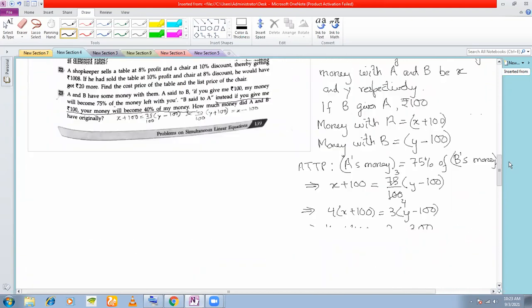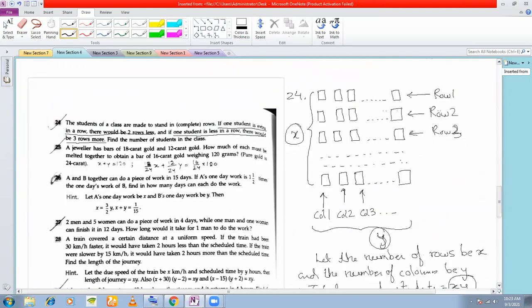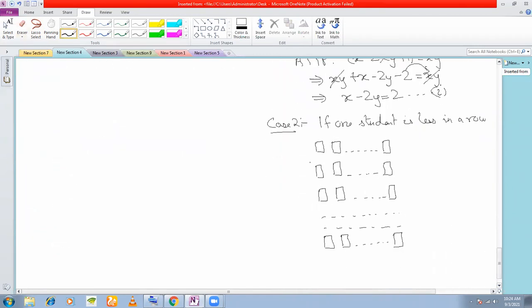That means initially, this was my arrangement, right? Now I remove one row from here, I remove this one to get this. So I've reduced one student in a row.